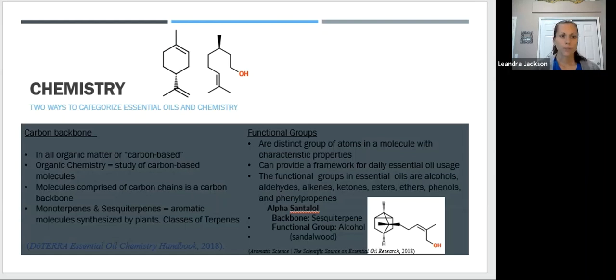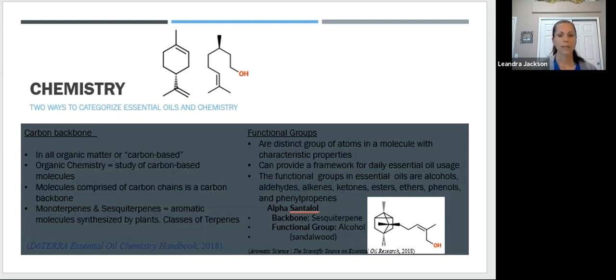So the monoterpenes and sesquiterpenes are the aromatic molecules that are synthesized by plants. They are within a larger category or class called terpenes. There are three different categories in terpenes, but what we focus on in essential oils are the monoterpenes and the sesquiterpenes.